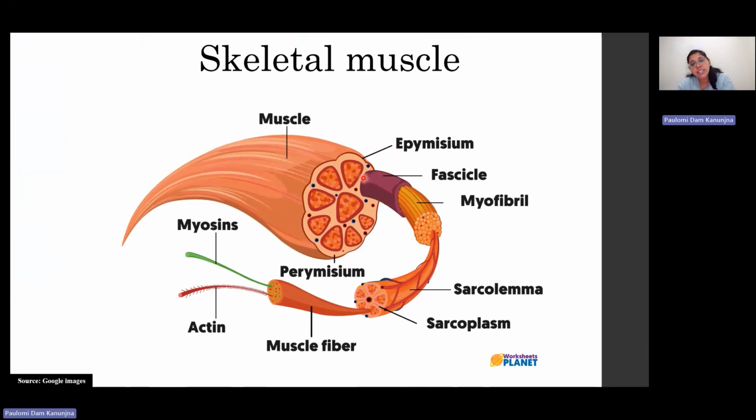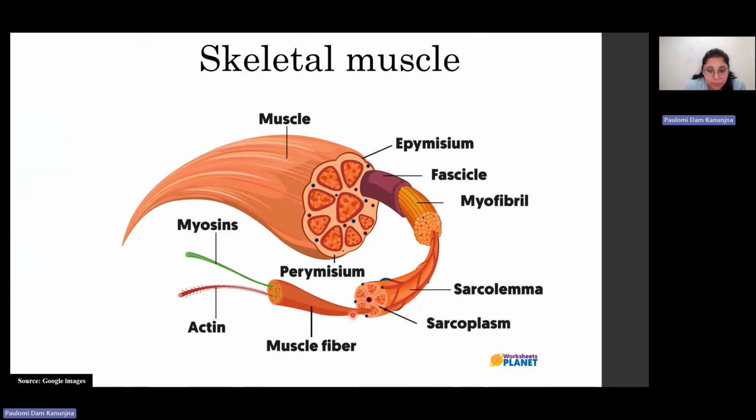Now each of the fascicles, if you see the cross section, consists of several myofibrils, right? All these myofibrils are stacked, so that there are multiple myofibrils. In each, if you bring the cross section, you will see the sarcolemma and the sarcoplasm. Again, you have these several fibers here. Each of these is a muscle fiber.